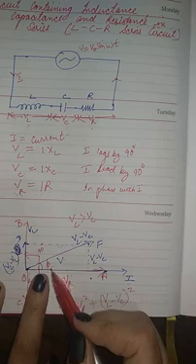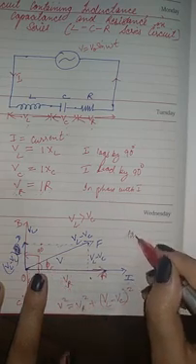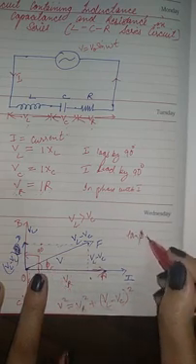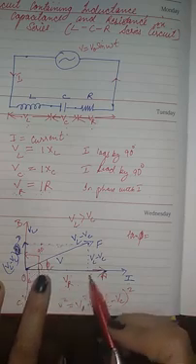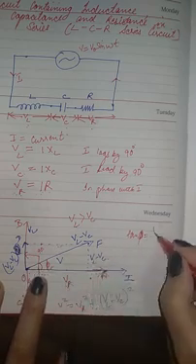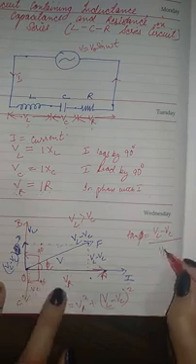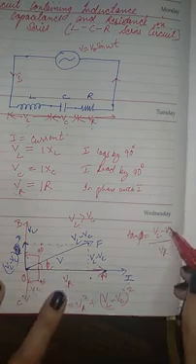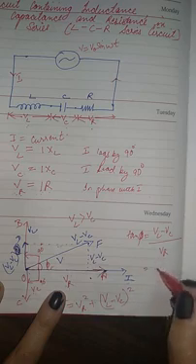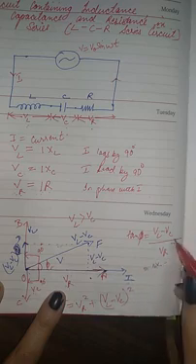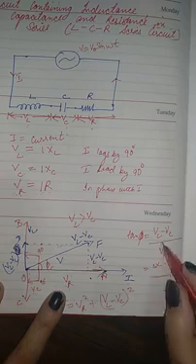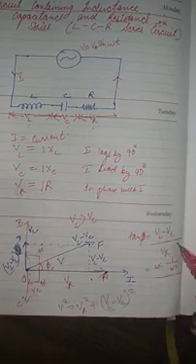In order to find this phi, we will consider tan phi. Tan phi is equal to perpendicular divided by base. Perpendicular is VL minus VC, base is VR. By putting the value of VL as omega L minus VC as 1 by omega C, oh sorry, this is the value of XL.